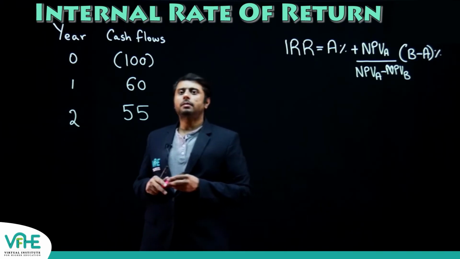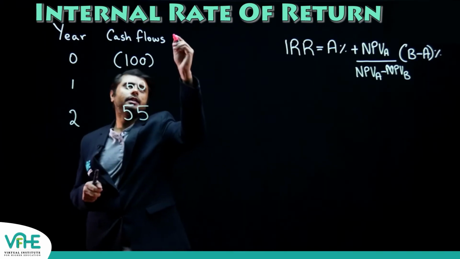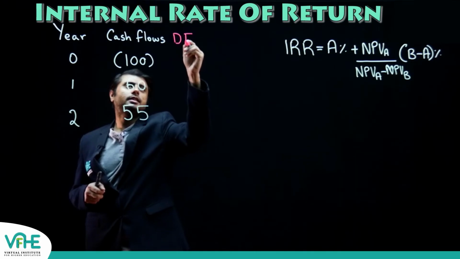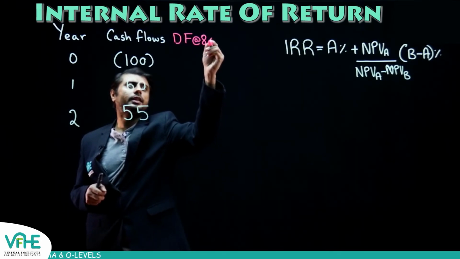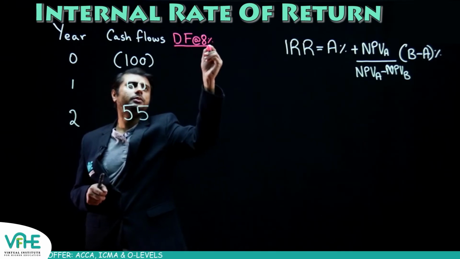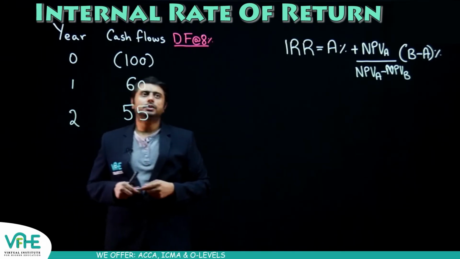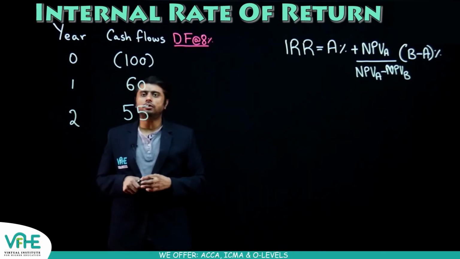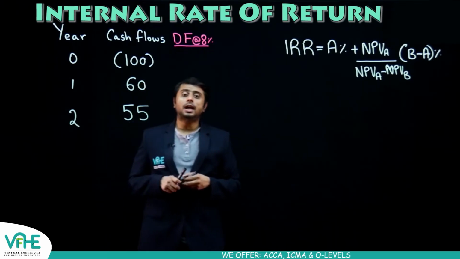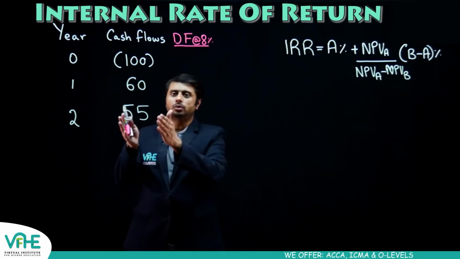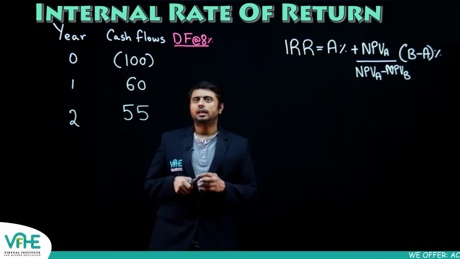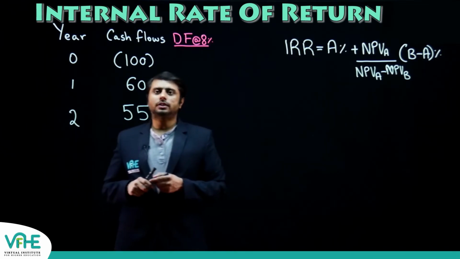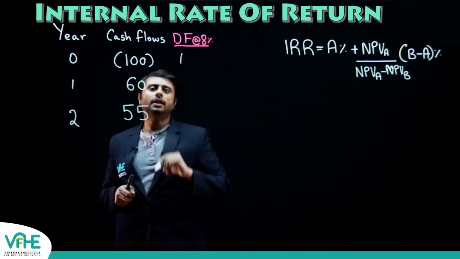Let's say my first discount rate is 8%. Therefore, in order to calculate the net present value, I will use 8% discount factors and multiply all my cash flows with the discount factors. Our first discount factor will be 1.